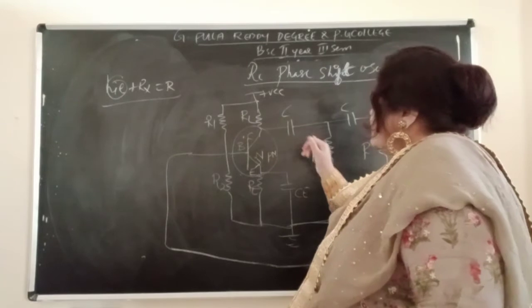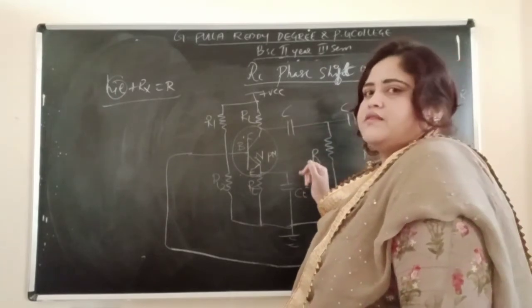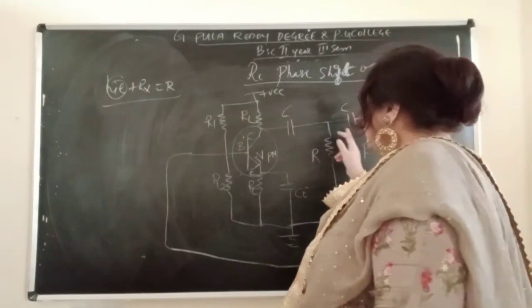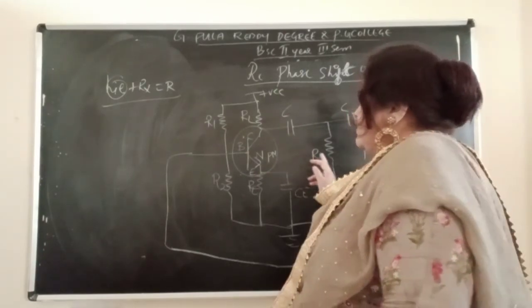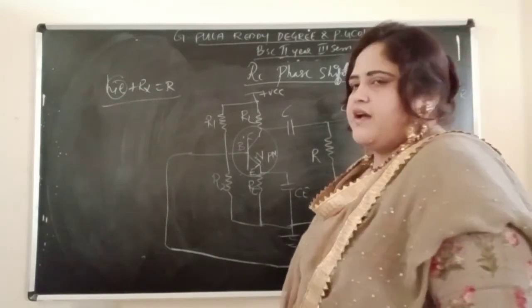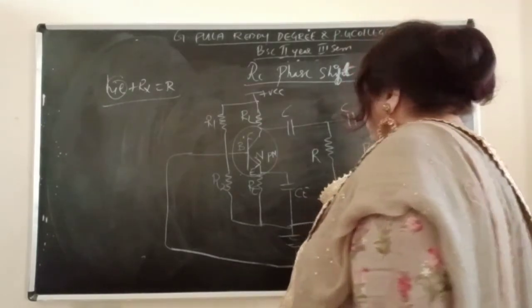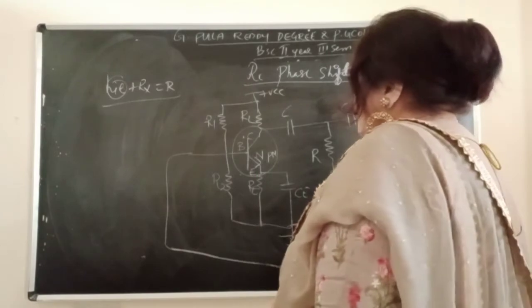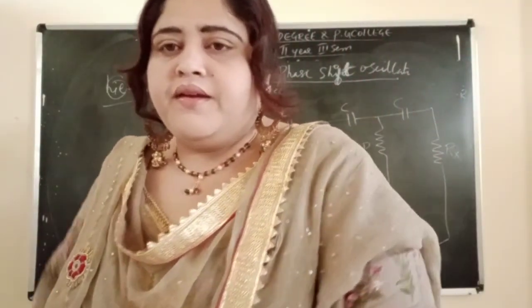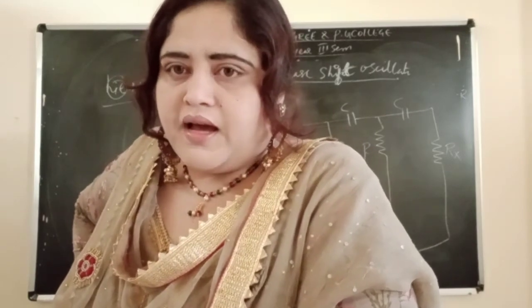Then this network consists of a ladder form, that is CR, capacitor and resistor, and the final resistance is RX, which is connected to the internal resistance HIE to give the total resistance R.